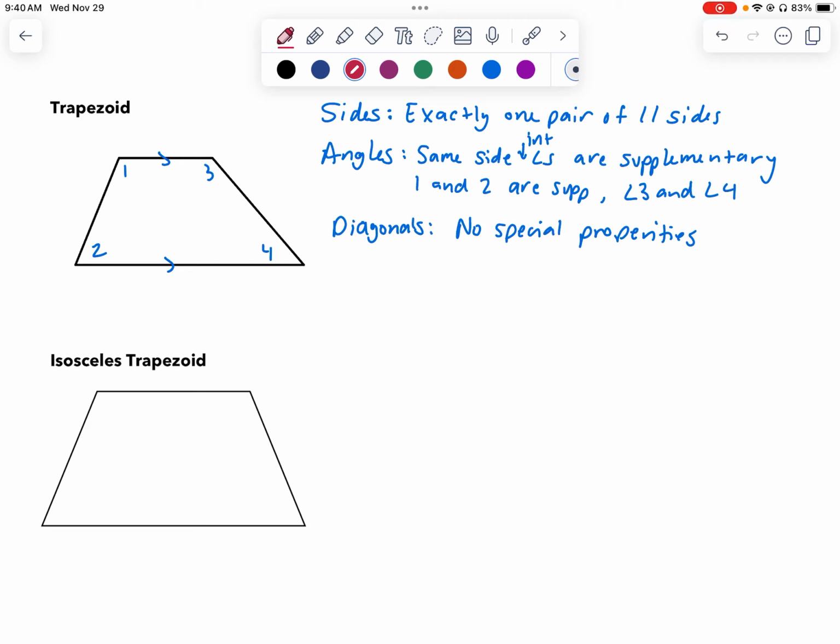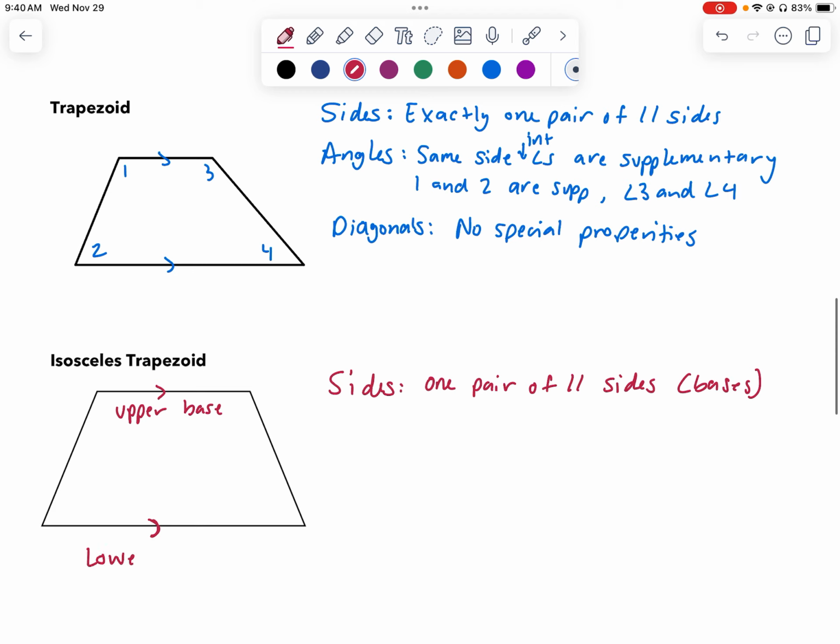So, as we go from here, these sides, we have one pair of parallel sides. Those are what we're going to call the bases. So the parallel sides are the upper base, and then the lower side we'll call the lower base. Then we have one pair of congruent sides. Like an isosceles triangle, we're going to call those the legs.